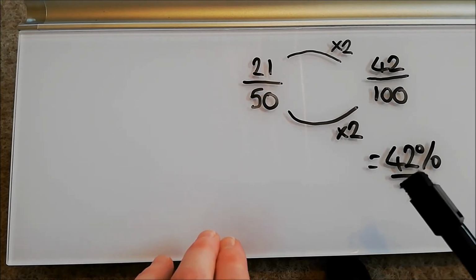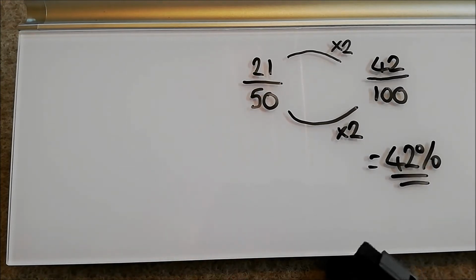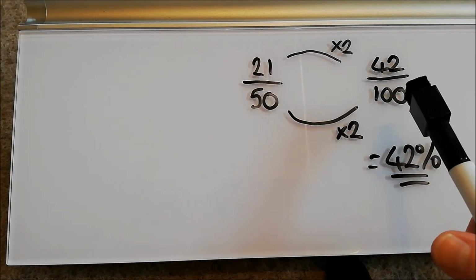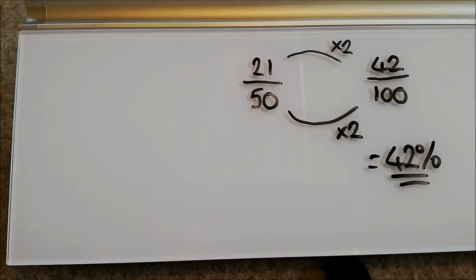So that would be the final answer. So 21 out of 50 expressed as a percentage, we come through 42 out of 100 and then we can convert to a percentage easily. All right? If you now put method 2, calculator, and then put, write the numbers as a fraction and multiply by 100.